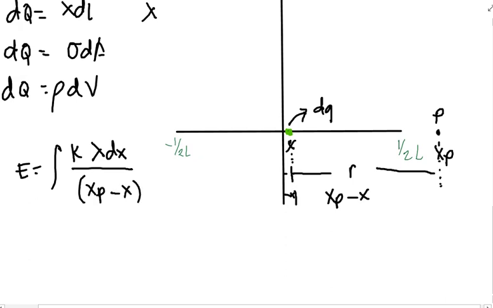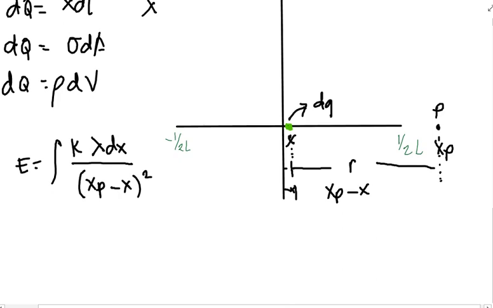And then we have to square this one. So this is equal to k lambda, since this is constant, multiplied by the integral of dx all over xP minus x squared.